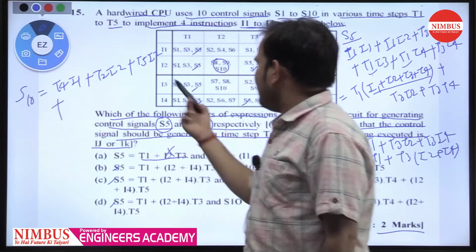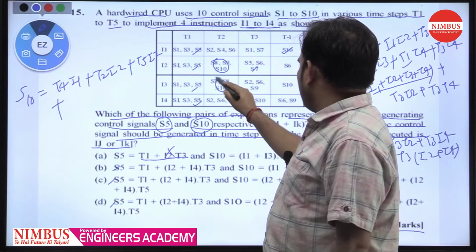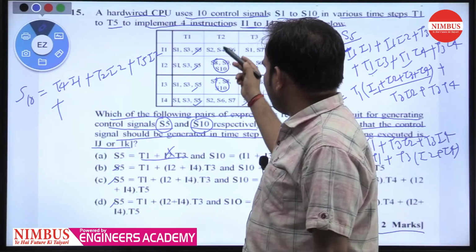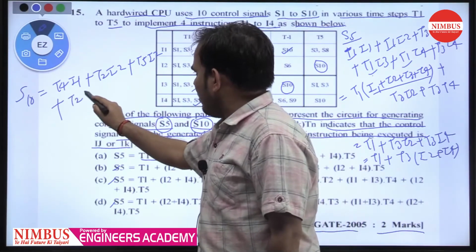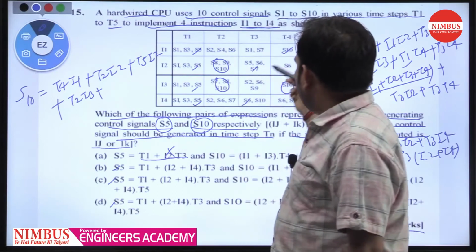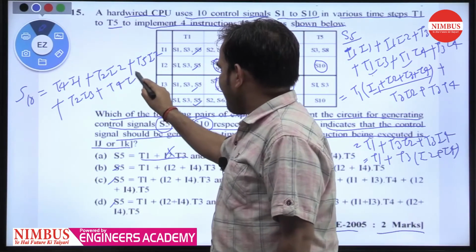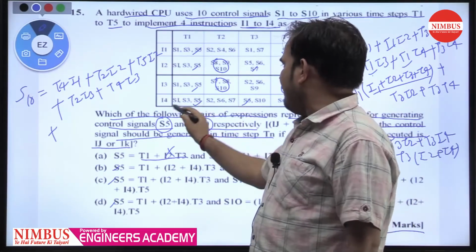plus, in the similar way, in I3 S10 is present in T2 and T4, so we can write T2 I3 plus T4 I3. Plus, in the similar way we will see S10 in the I4 instruction.